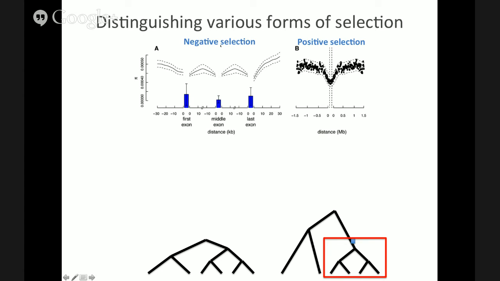In negative selection, we would expect the local tree to be overall shorter, like it's just scaled down. There's just persistent removal of variation over long periods of time. With positive selection, we would expect the tree to mostly not be shrunk, except for the subtree that descends beneath the mutation that is under positive selection.